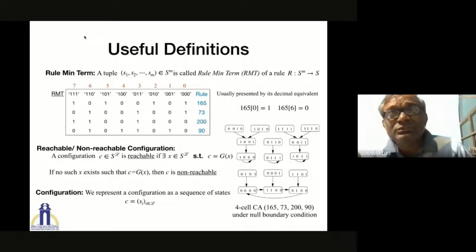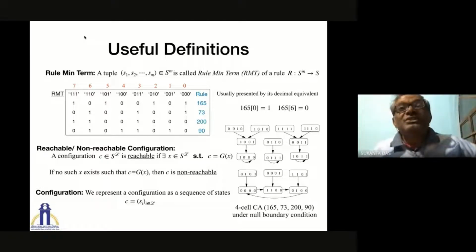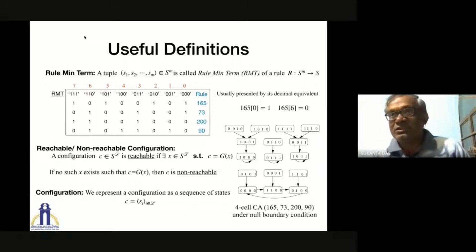So here we represent a configuration as just an assignment, C is (S_i), i belongs to L. Same definition we have defined before.